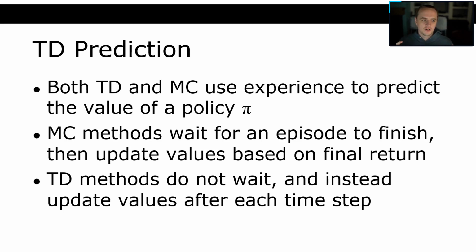So we're no longer going to generate an entire episode and then come back and update everything. We're going to do updates after every action is taken. It turns out that this is extremely powerful, and it's actually much easier to implement in practice. Because all you're going to do is have a very simple loop where, in your assignment, you do an action, you get the reward, you do the update, that's it. You don't have to generate a whole episode, wait for it to finish, come back, and loop through the episode. It's not like that at all.